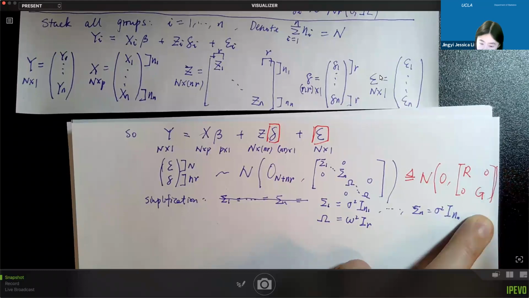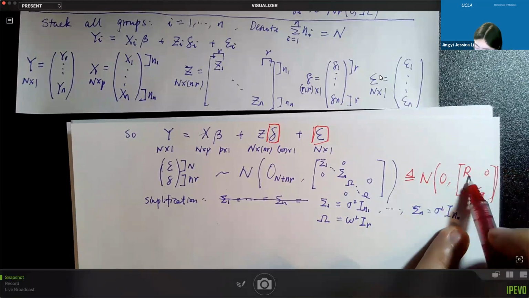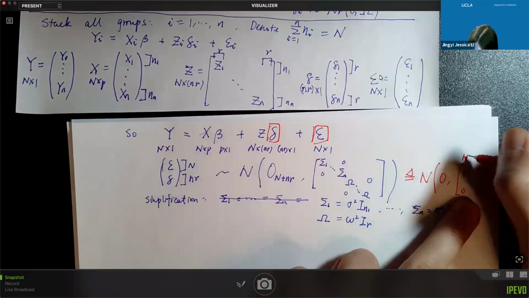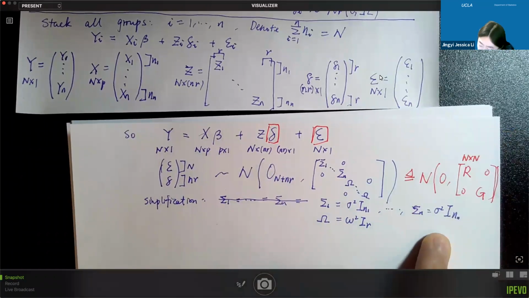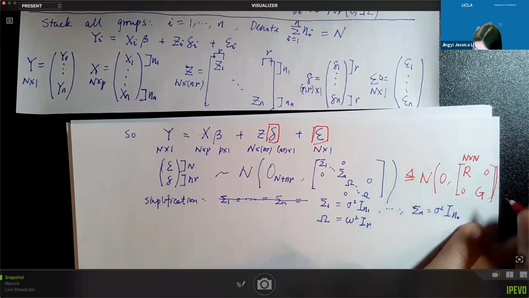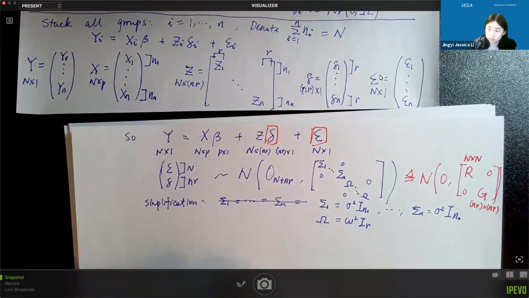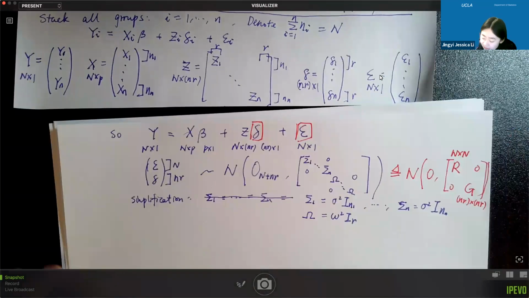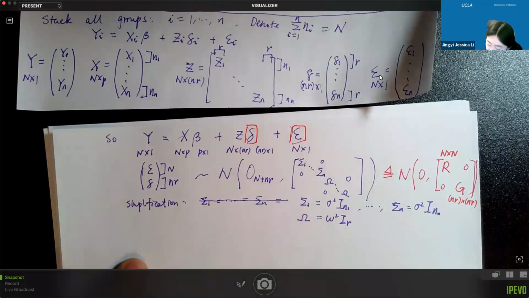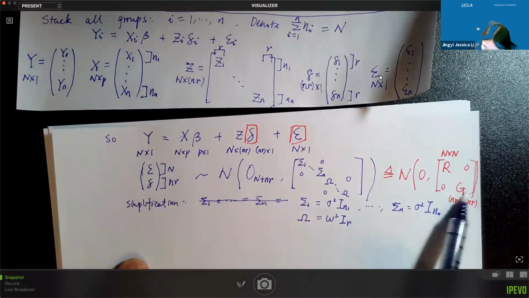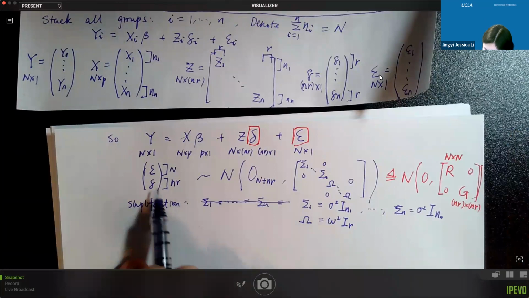So with this notation, you see R by its definition is a capital N by capital N matrix. G by its definition is an NR by NR matrix. So we're going to use capital R to denote the covariance matrix of epsilon and G to denote the covariance matrix of delta.